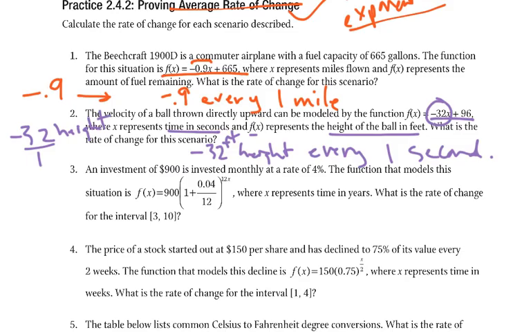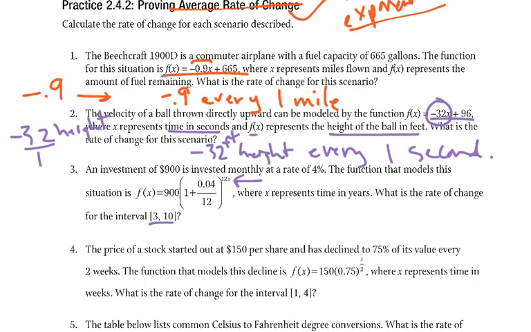Alright, number 3, an investment of $900 is invested monthly at a rate of 4%. The function that models this situation is f of x equals 900 times 1 plus 0.04 divided by 12, to the 12x, where x represents time in years. What is the rate of change for the interval 3 to 10? Now, see, this is exponential, right? Because we can see that exponent.